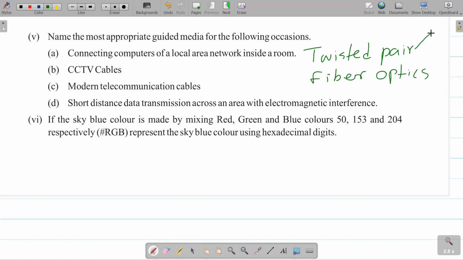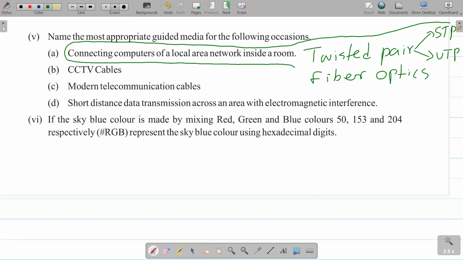Even if you have said STP and UTP, shielded twisted pair and unshielded twisted pair, you can still have the marks. We are not using coaxial cables for this.